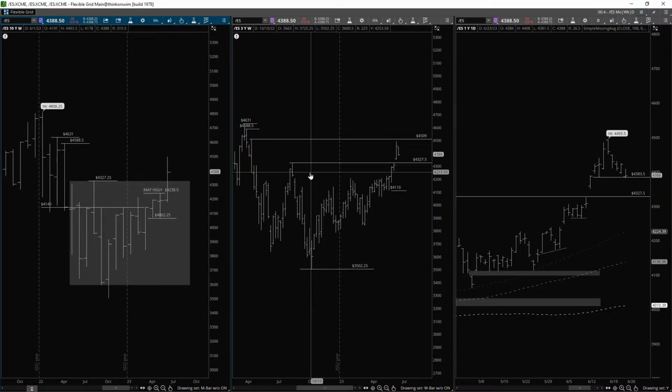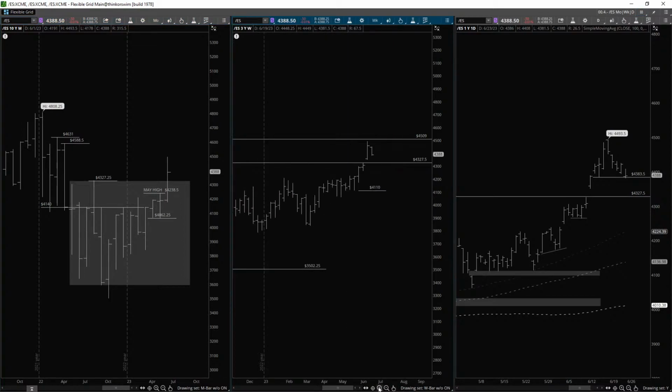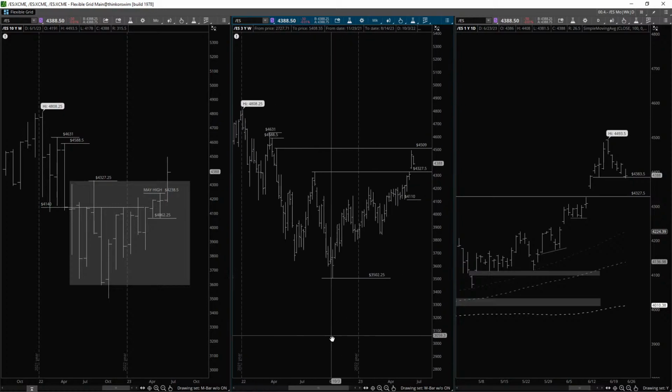The breakout can be seen in the weekly here with some weakness in the lower side. Can you see these three matching lows here? You can see this one, two, three lows here together.